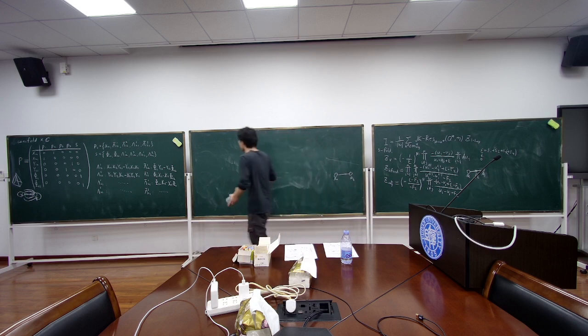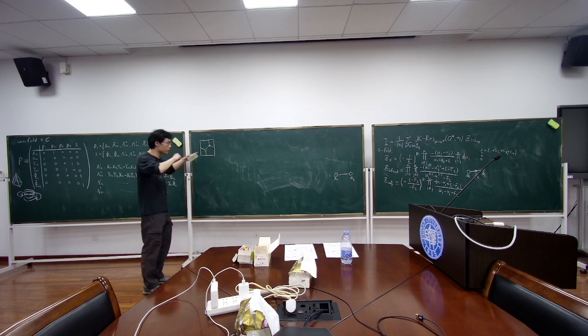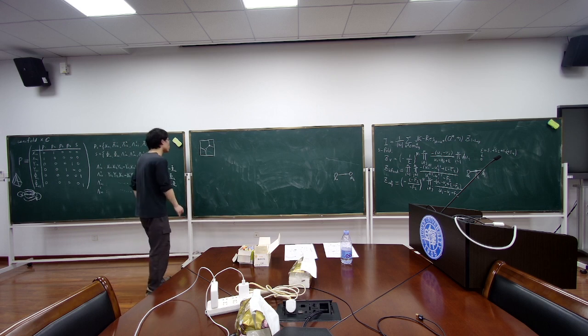So let's maybe talk about brane tiling, a brief recap. This is a brane tiling, which is also called the dimer model, which is essentially a bipartite graph. This is the simplest C3 case, and this is the dual graph of the quiver.